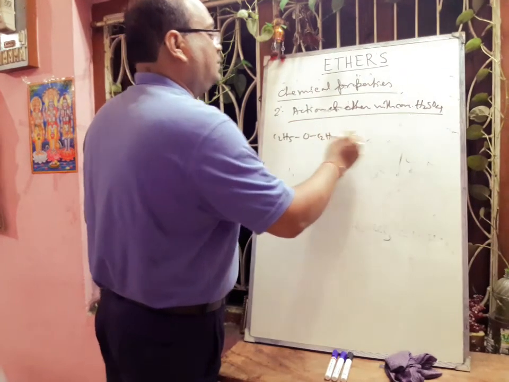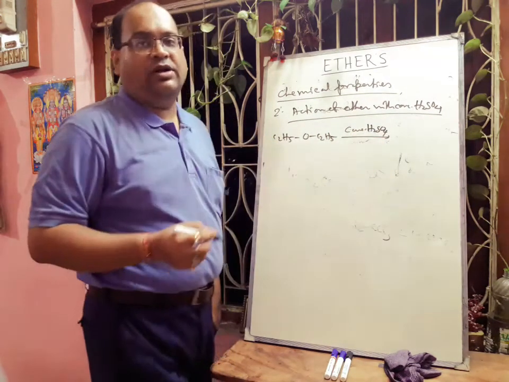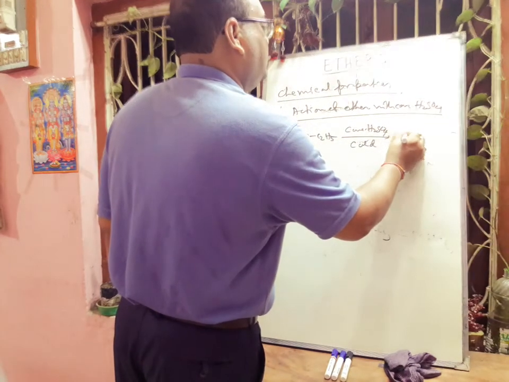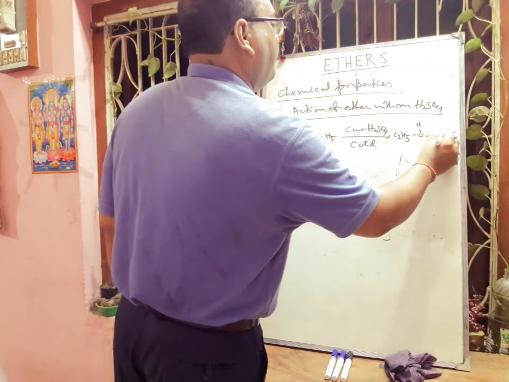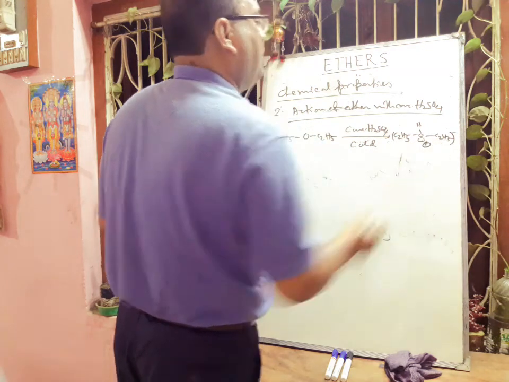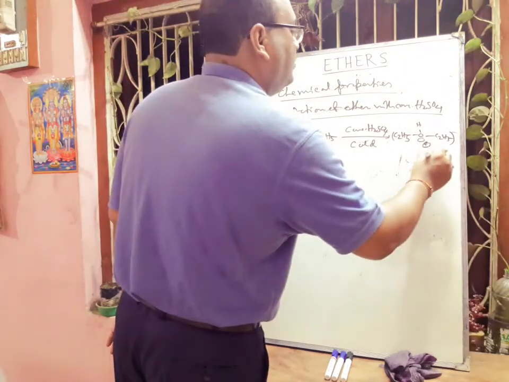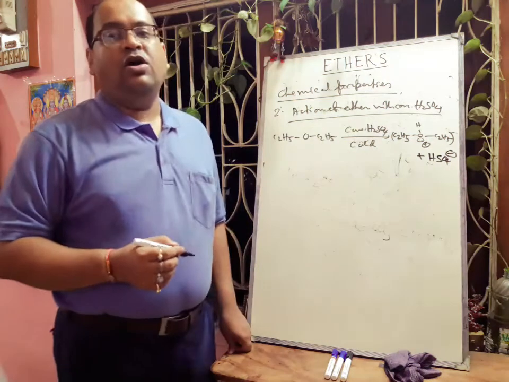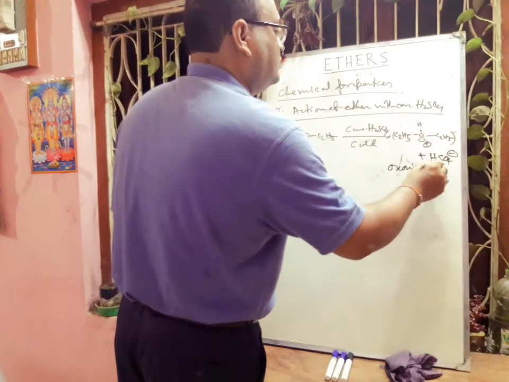C2H5 O C2H5, concentrated H2SO4, and we are adding in cold condition. Then the oxygen will be protonated from the sulfuric acid, and there will be formation of one salt, HSO4 minus, and this salt is called oxonium salt.